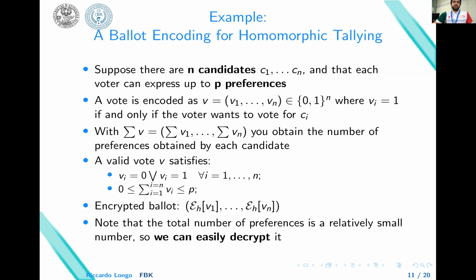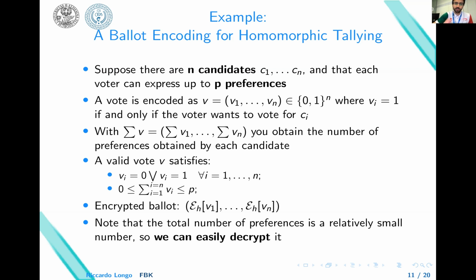We can encode our ballot in this way. Suppose there are n candidates, C1 to Cn, and suppose that each voter can express up to p preferences among these candidates. So the vote will be a tuple where each element is just either 0 or 1.